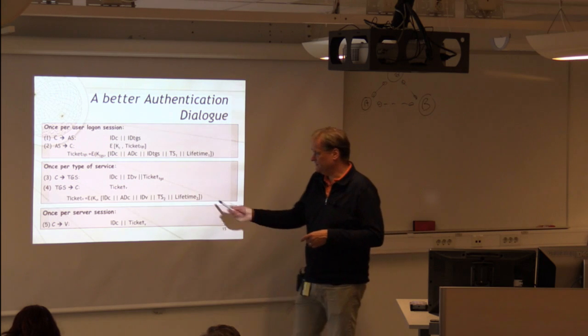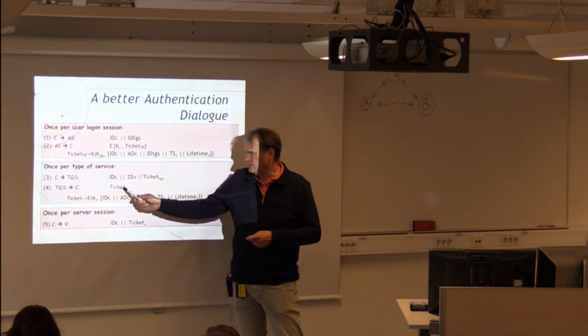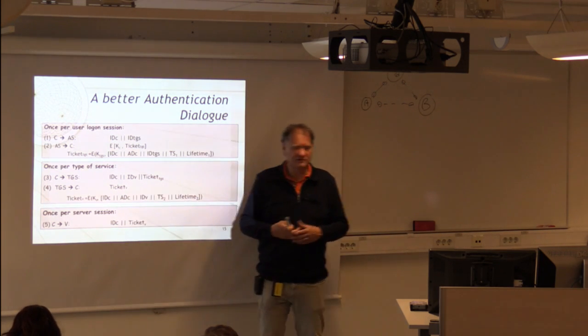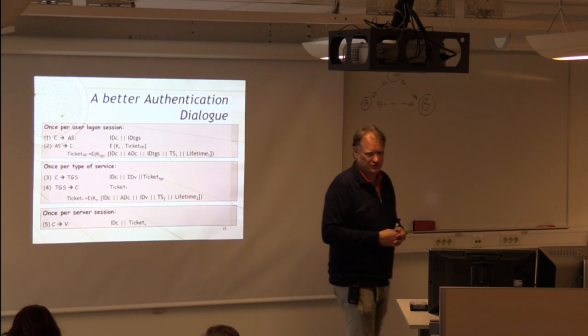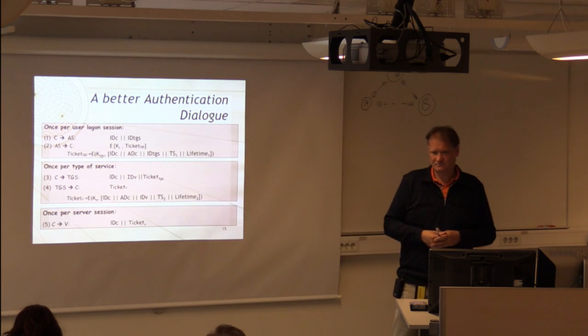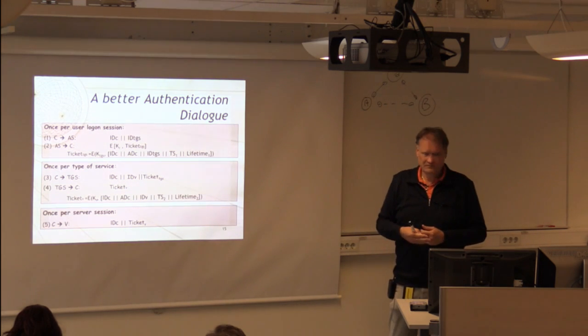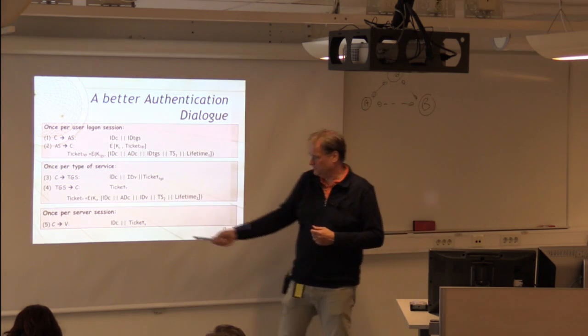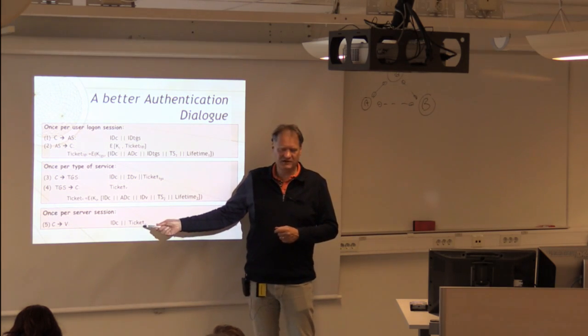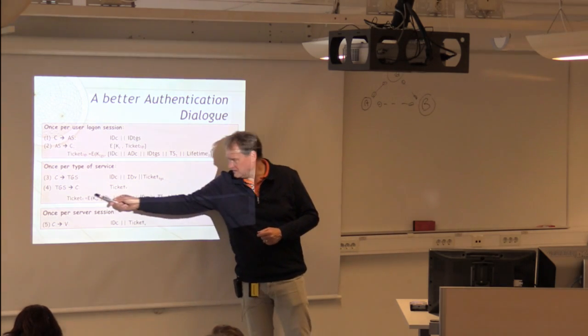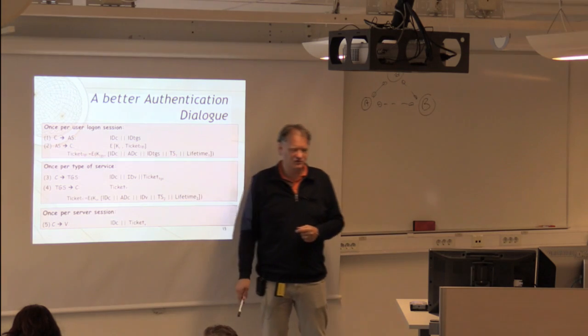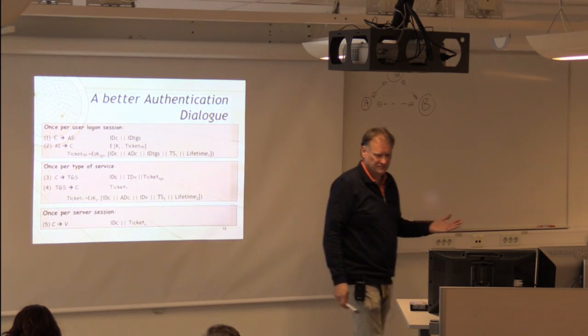So the ticket that we get back from the ticket granting server, we can't decrypt. We don't know what it contains. But what we can do is pass it on to the server, and that is what we do down here. And the server can decrypt it because it's encrypted with a key that is shared between the ticket granting server and the actual server.